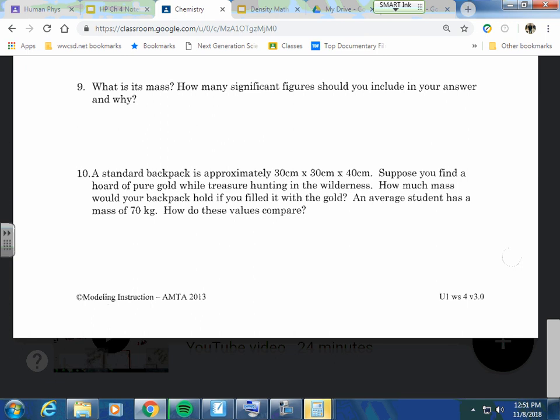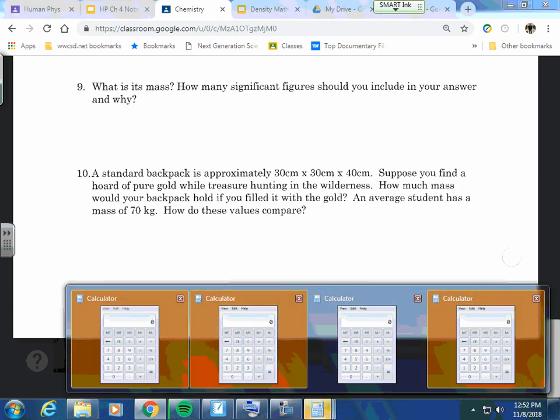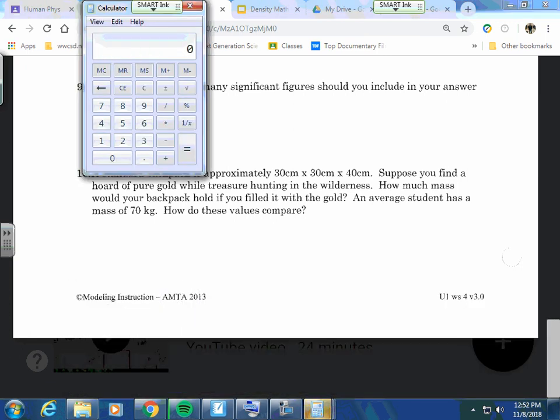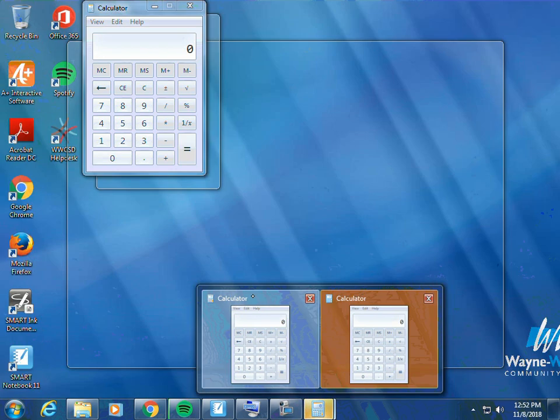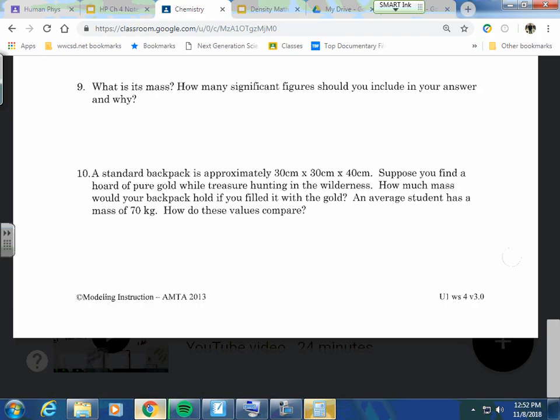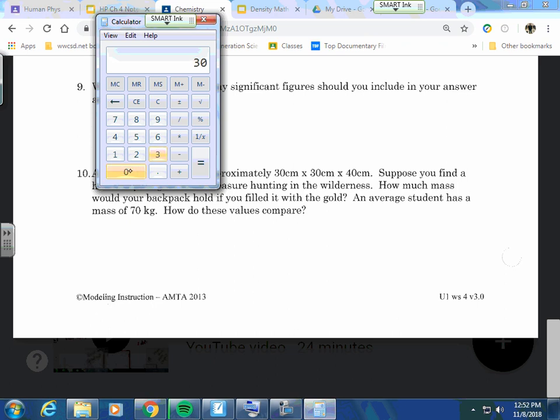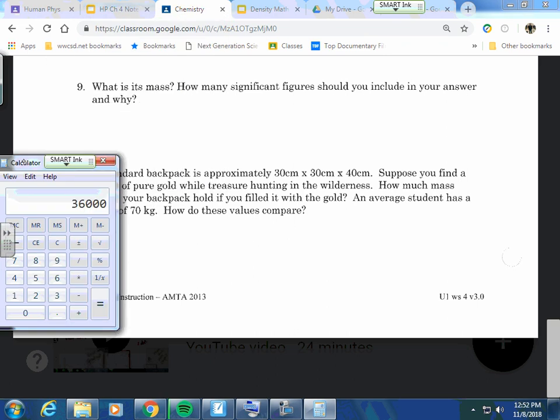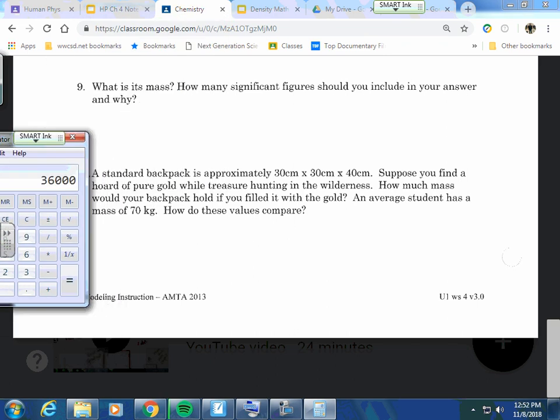Open up a billion calculators. 30 times 30 times 40, 36,000. Okay, so standard backpack is 36,000 cubic centimeters.